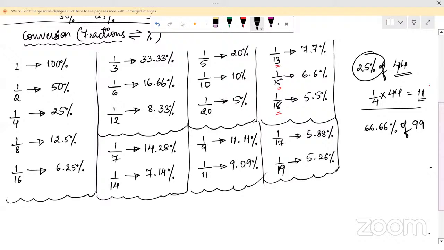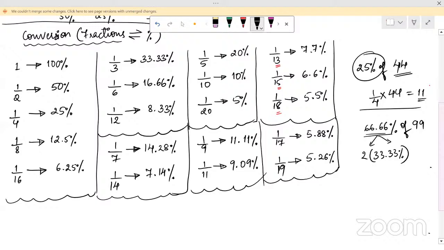66.66, guys. Observe. May I simply split it as 2 into 33.33? Can I write it like that? 66.66 is nothing but 2 into 33.33, no? I know that 66.66 is not there in the table, but can you manipulate this in such a way that I get a number which is there in the table?